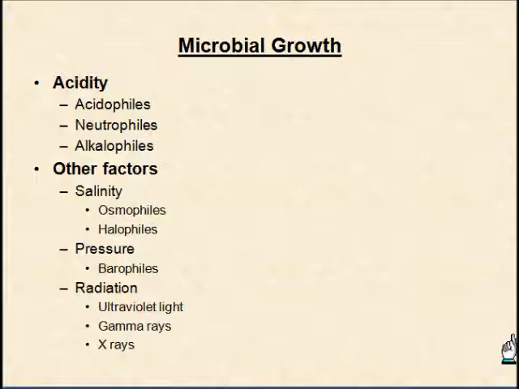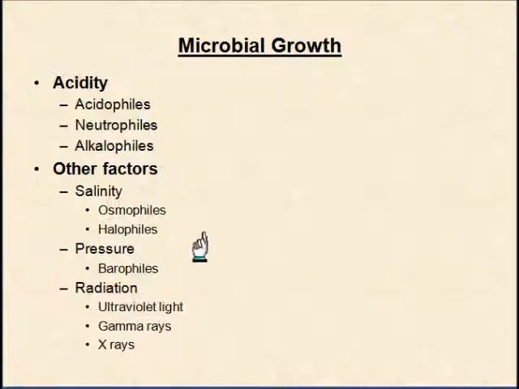There are organisms that have different demands for the acidity in the environment. Those that like an acidic environment are acidophiles. Those that like a neutral pH, very close to 7, are neutrophils, and those that like an alkaline pH are alkalophiles. Other factors that can come in: salinity level. So there can be organisms that like to grow in water that has no saline.